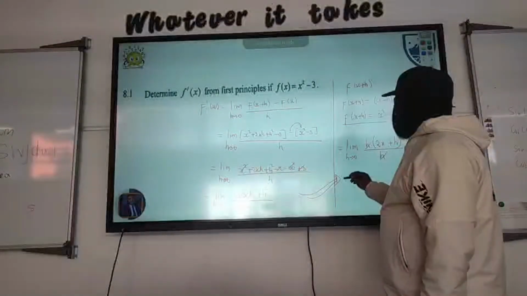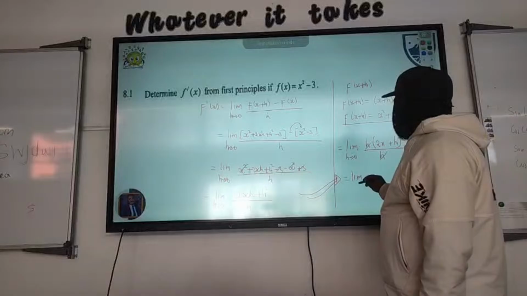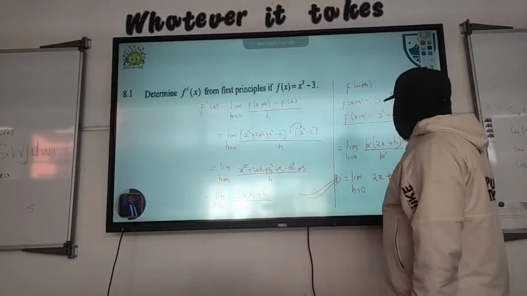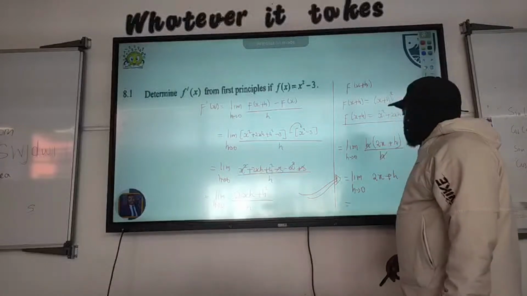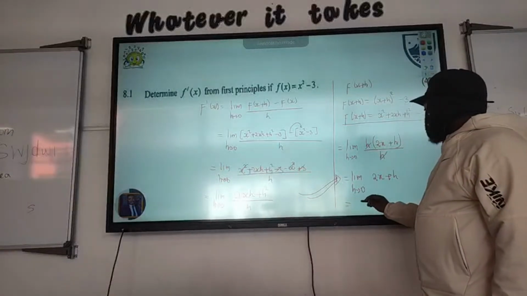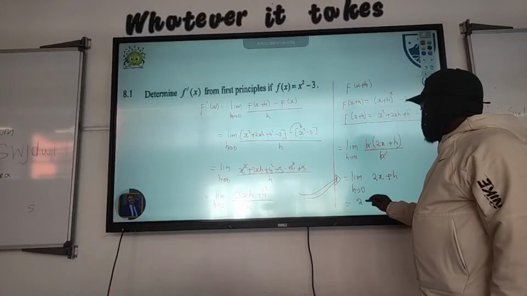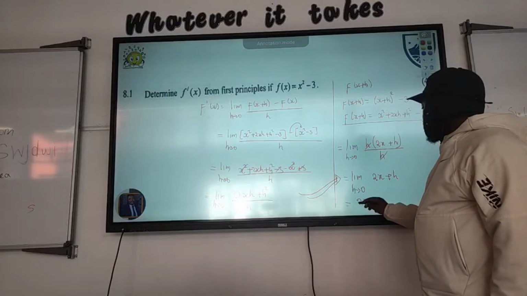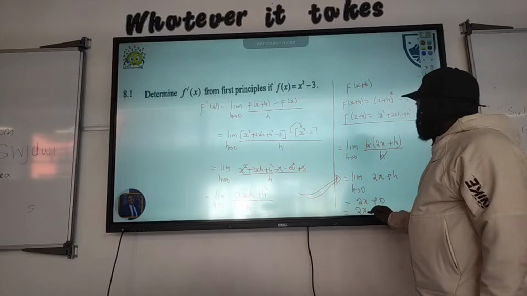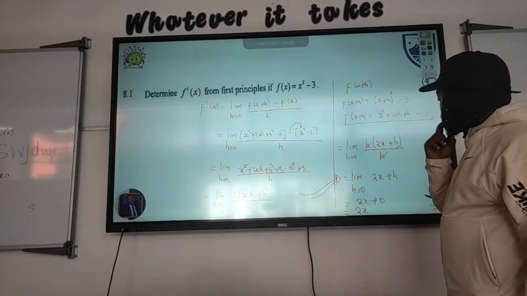So h is gone. The limit when h now goes to 0 is actually 2x plus h. And as soon as I substitute h equals to 0, h has arrived. Where I see h, I'll put 0, the limit is gone. That's when the limit is gone, so our answer is just 2x.